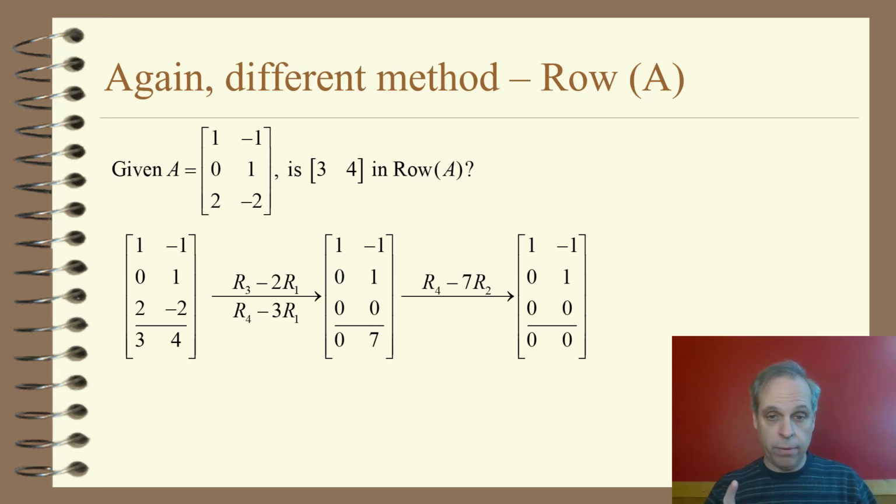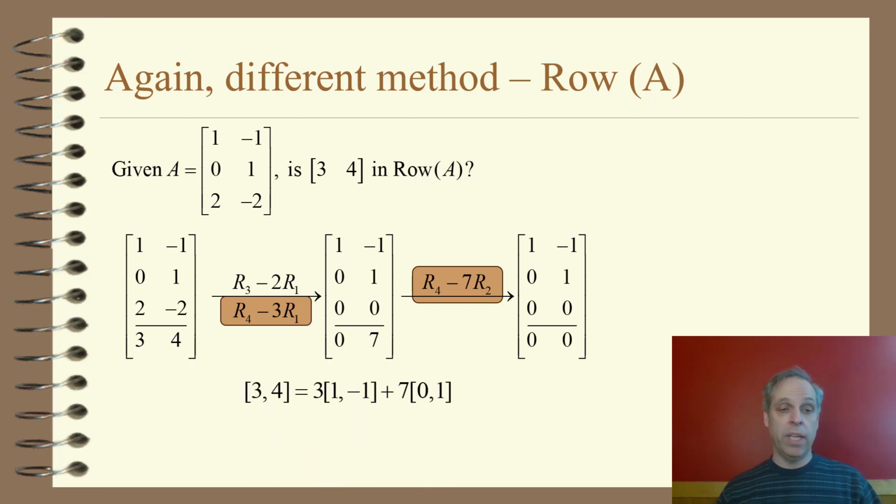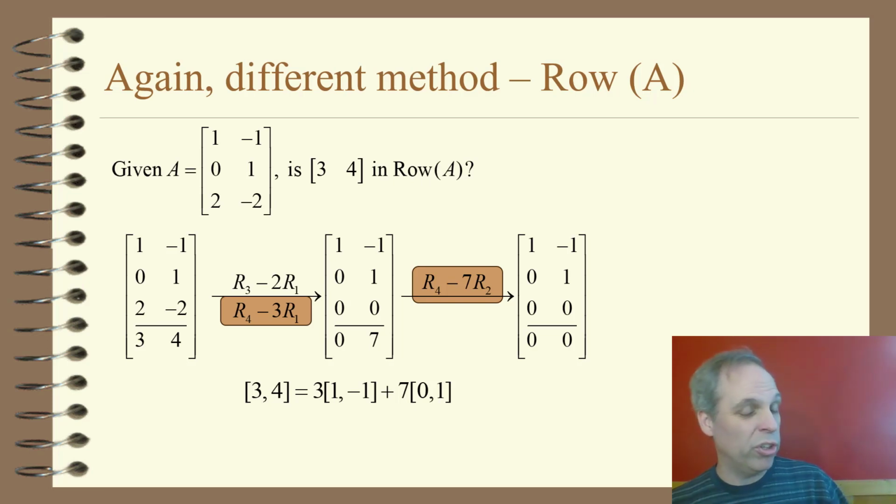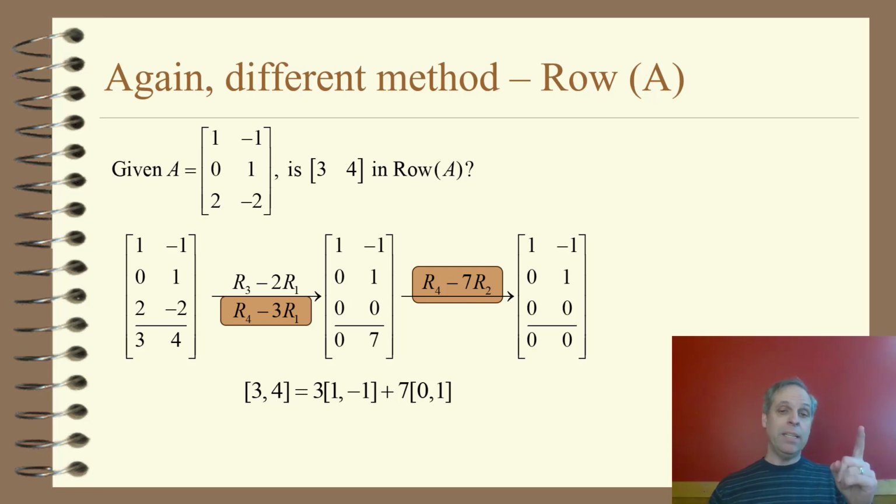Now start there, with the row of zeros, and work backwards, like we did before in a previous example. By using these row operations, you can then see that the fourth row of the original matrix is actually a linear combination of the rows above it, which means that (3, 4) is in the row space of A, because it's a linear combination of the rows of A. Neat, right? Now you may wonder, why did I insist on not swapping? Let's talk about that.